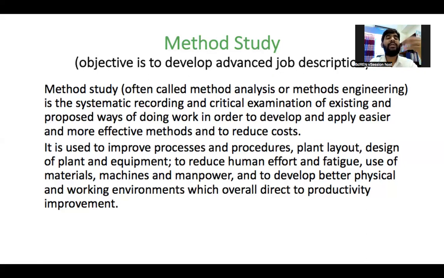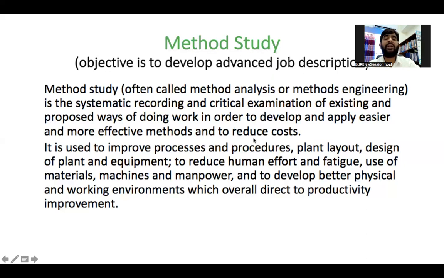If your salary is the input, it remains the same, 100. 100 divided by 100, productivity is 1. With a better method, output is 120 and input is the same, 100. So 120 divided by 100 is 1.2. So productivity improves. This is one way.